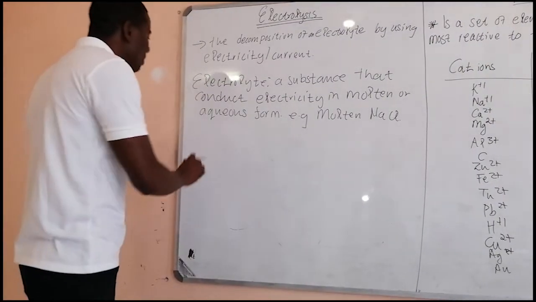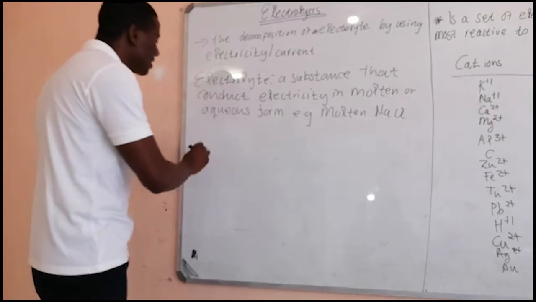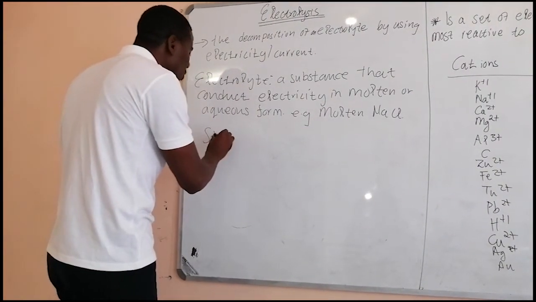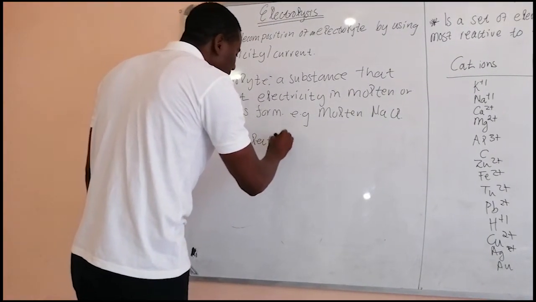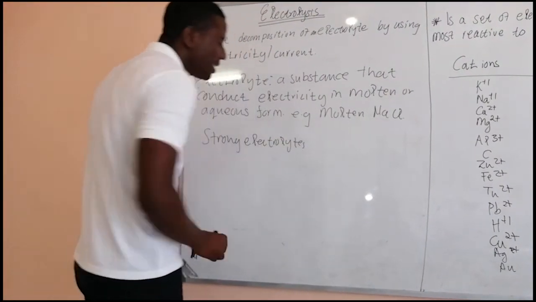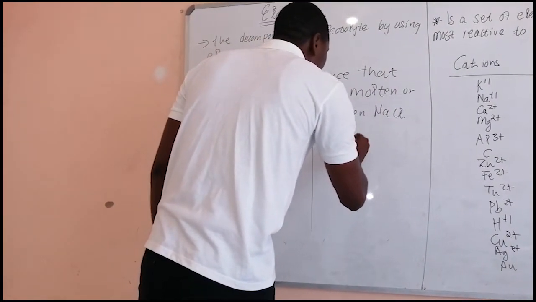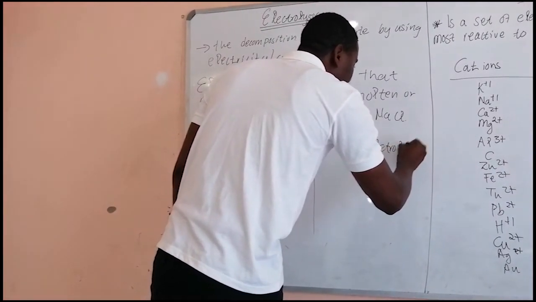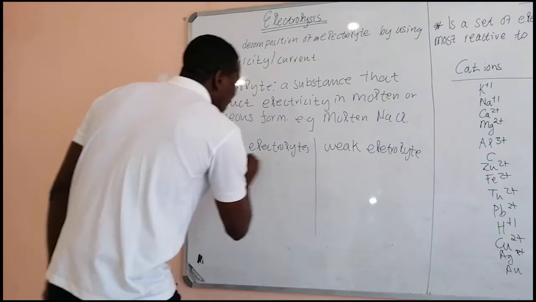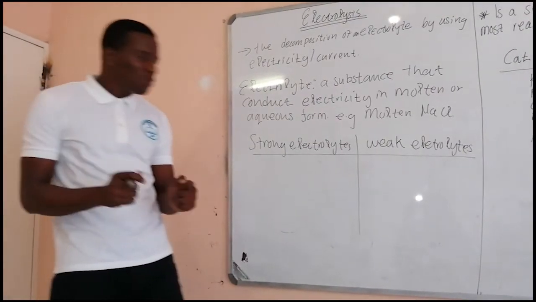Now, let's talk about the two types of electrolytes that we have. Like I said, we have strong electrolytes and weak electrolytes. Now, what is the difference between the two?